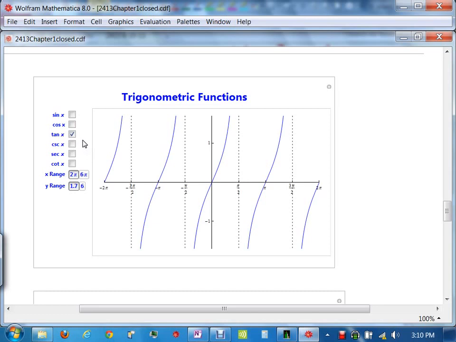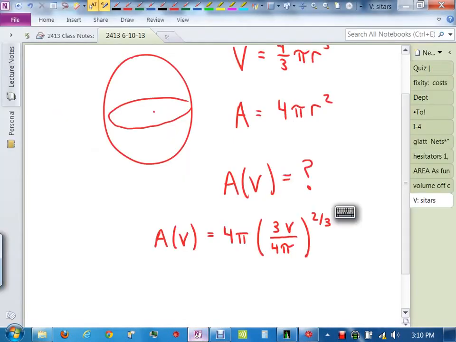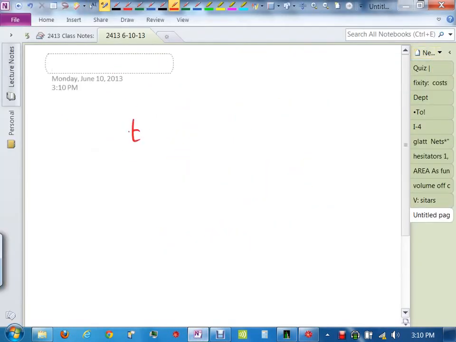Here's what I'm trying to say. If tangent x is sine x over cosine x, then whenever cosine is 0, you should have division by 0, right? Which should cause a problem, shouldn't it?